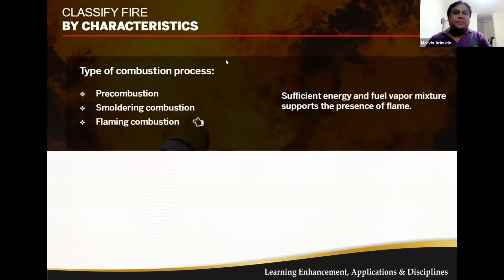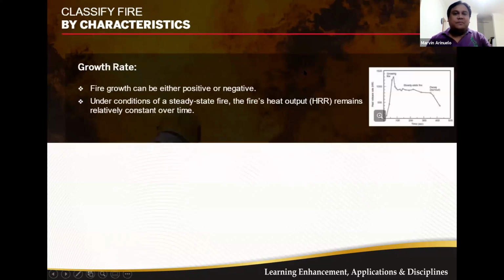And lastly, flaming combustion is almost self-explanatory. There is sufficient energy and fuel vapor mixture to support the presence of the flame.